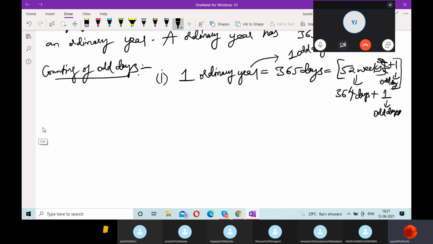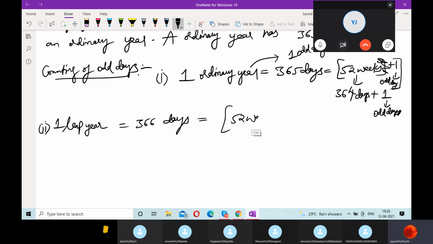Now coming to leap year. One leap year has 366 days. Okay. And as usual, it is very easily understood, 52 weeks make 364 days.